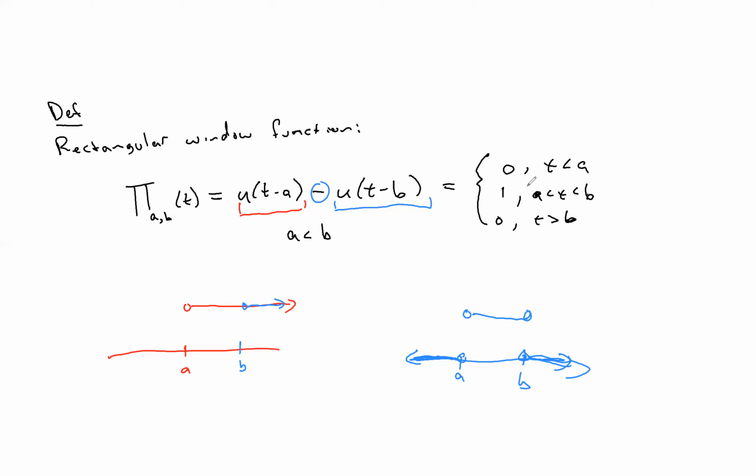All right, so this is how we can describe it using piecewise function notation. Now let's think about how this can be useful for us. Suppose I have some other piecewise defined function, and I want to describe it in terms of these unit step functions.